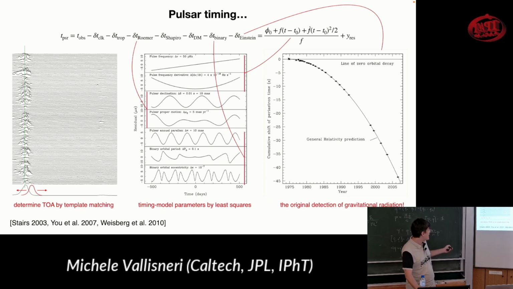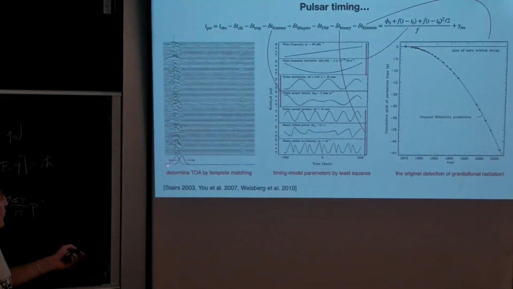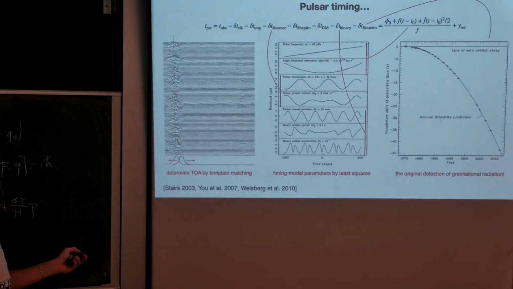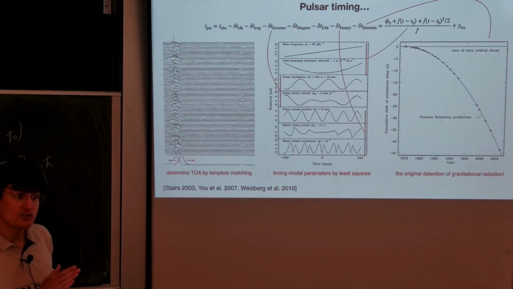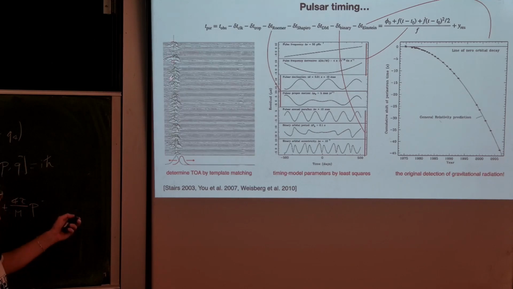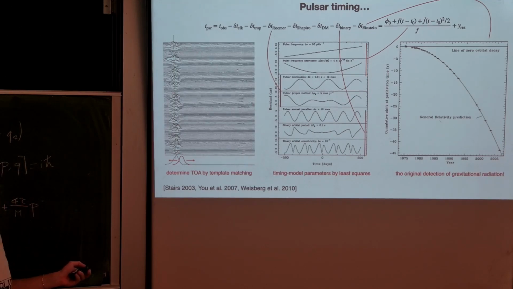This profile depends on the geometry of the rotating system, whereas the individual pulses depend on more stochastic effects. What you can do with this profile is compare it with a template of the profile and determine its position. So these average pulses are very predictable.